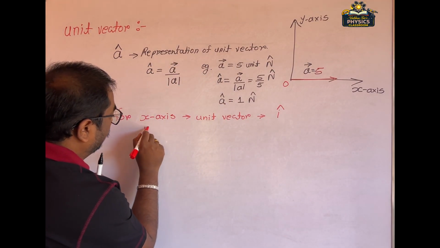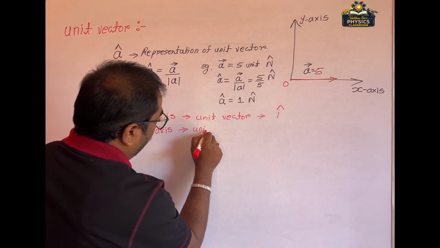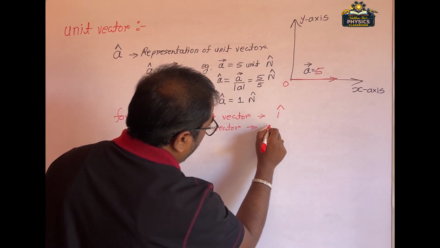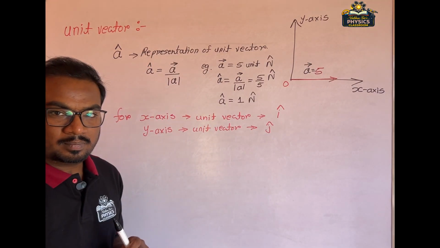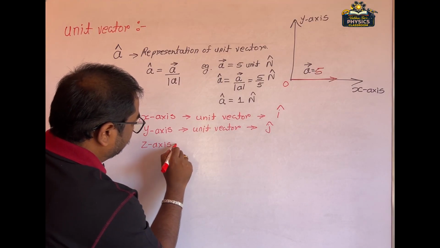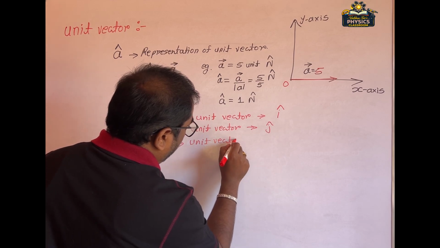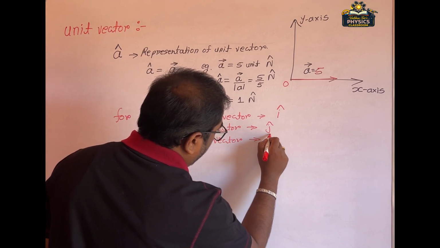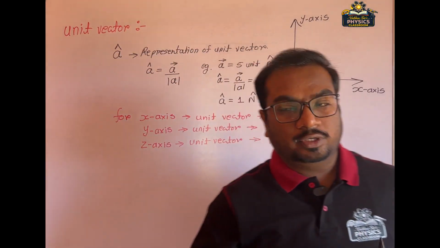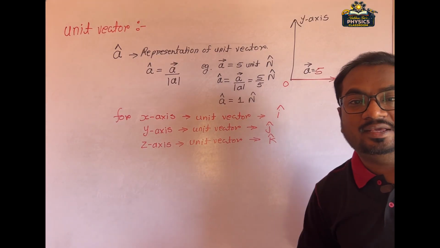On the y-axis, the unit vector is represented with j cap. And on the z-axis, the unit vector is represented with k cap. So these are the unit vectors we represent with i cap, j cap, and k cap.